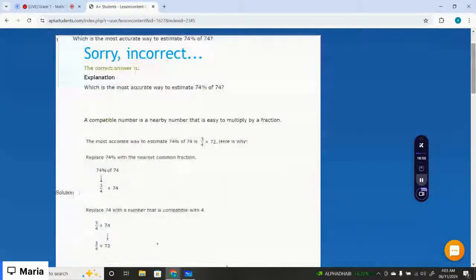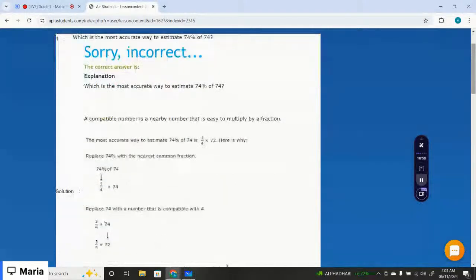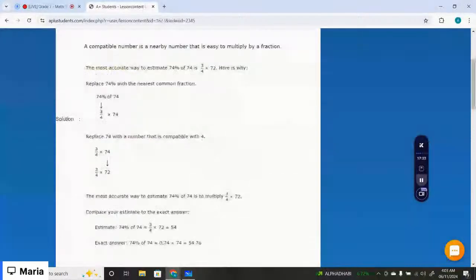You can replace the 74% with the nearest common fraction, right? The nearest common fraction to 74% is 3 by 4, right? And the nearest number that would be compatible to 4 is 72. So you can replace 74 by 72, right? 3 by 4 times 72.